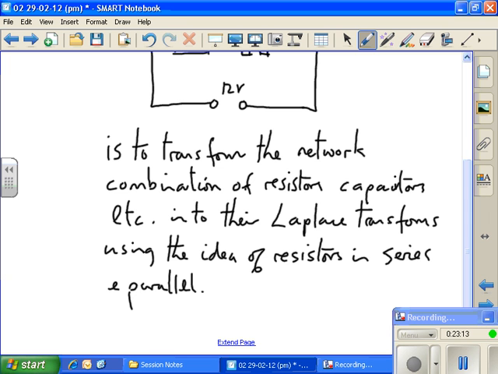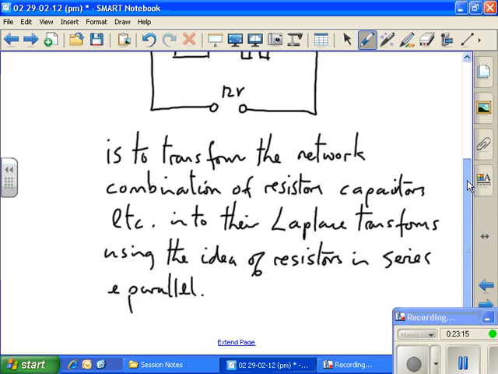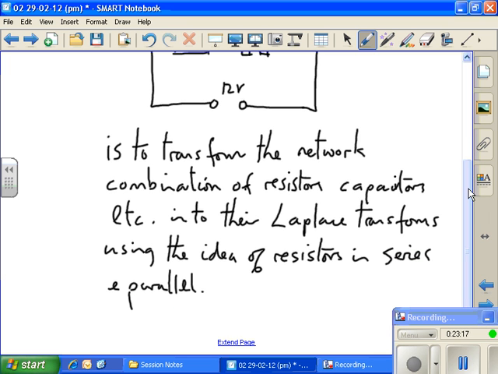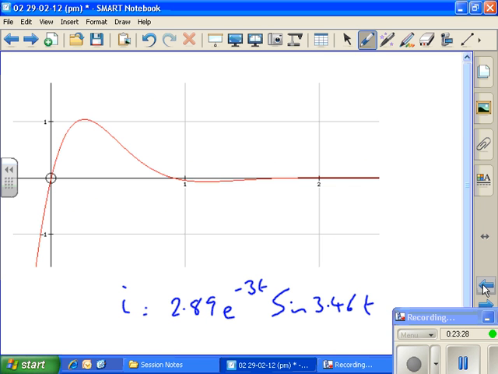So the first step is to transform these networks, and then use Ohm's law to put the voltage across it and work out what the current is, which will then give us our solution, like this previous one, where we had I equals something.